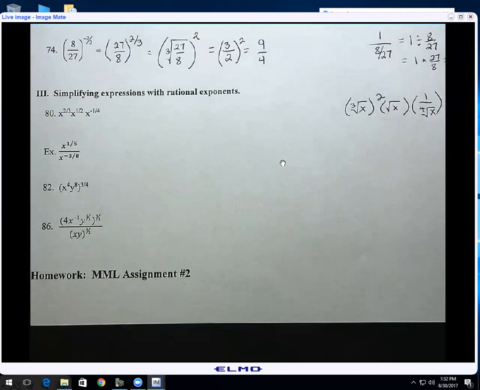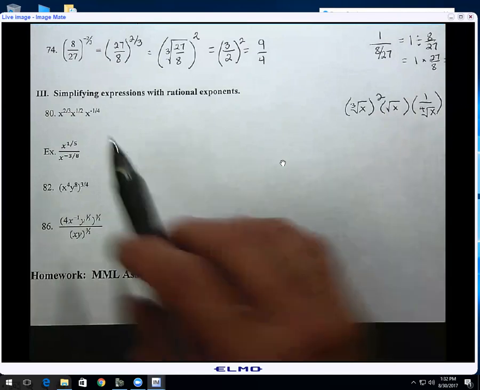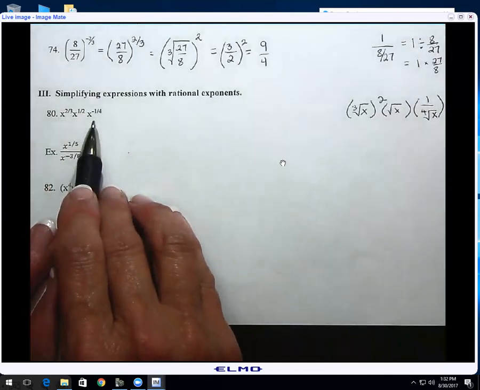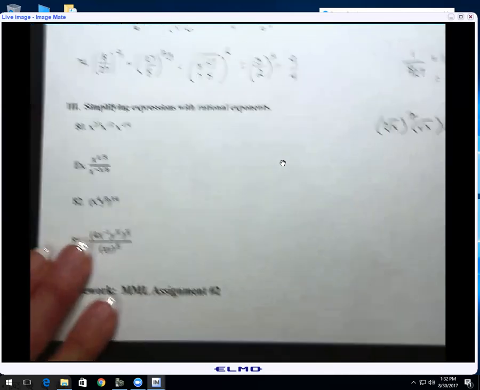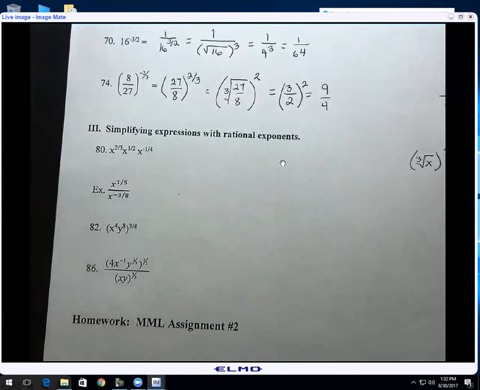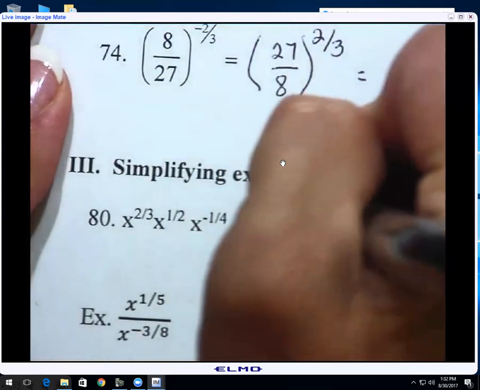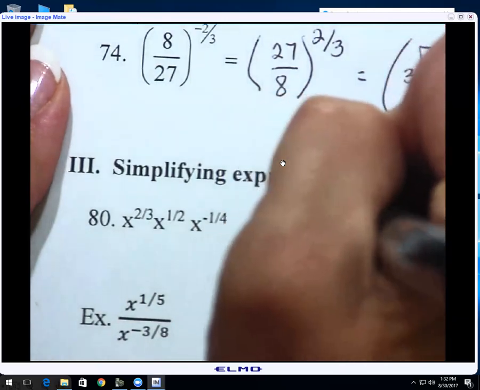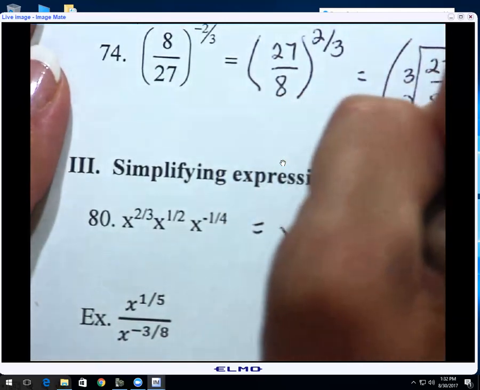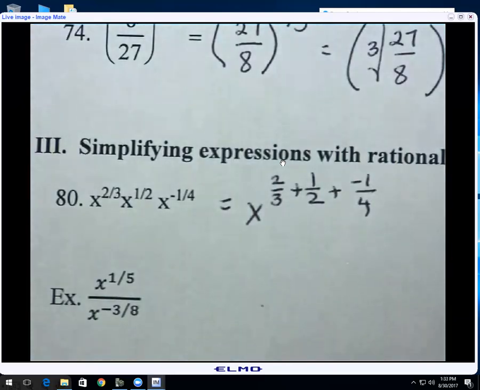I already know that when I multiply expressions with the same base, I just do what to their exponents? And I have a calculator with a fraction button, for Pete's sake. How easy can this be? That's x to the 2/3 plus 1/2 plus negative 1/4. If I can do fractions in my head, yay, I will.